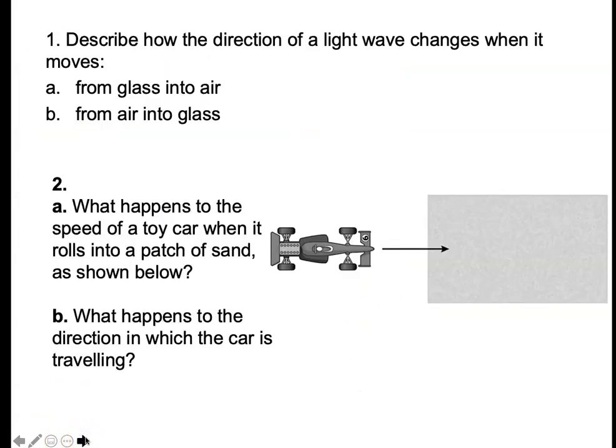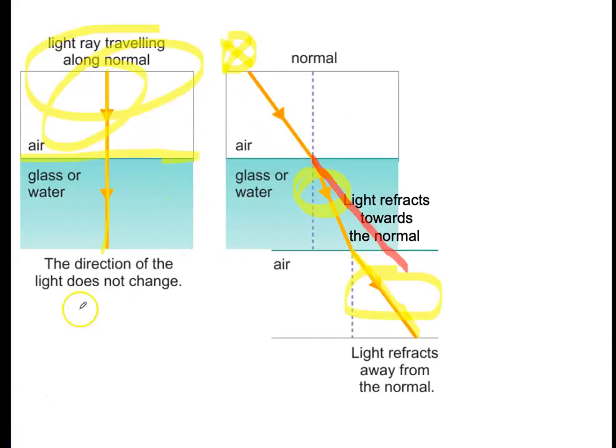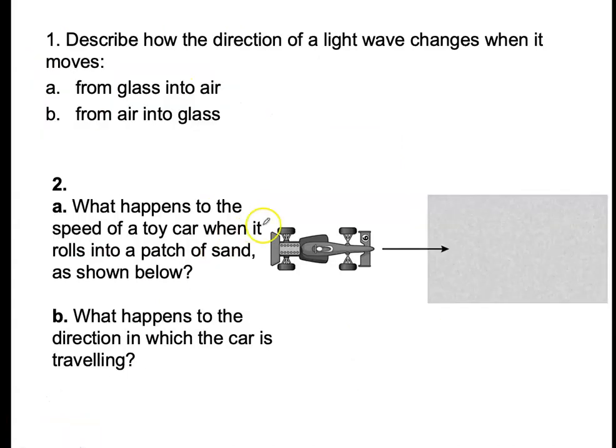Here are some of the questions which you need to be able to answer. I'm not going to give you any answers here, just to summarize that refraction is about changing direction and changing speed. Describe what happens when a wave moves from glass to air and air to glass. All you need to do is go back to the diagram and use it to answer these questions.